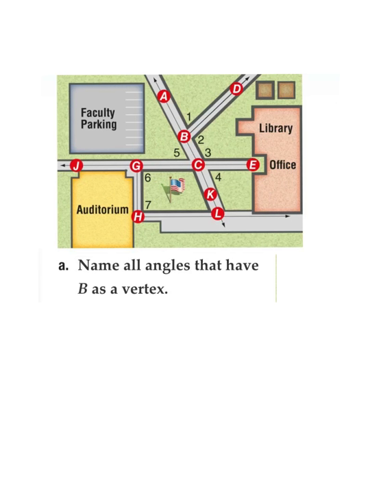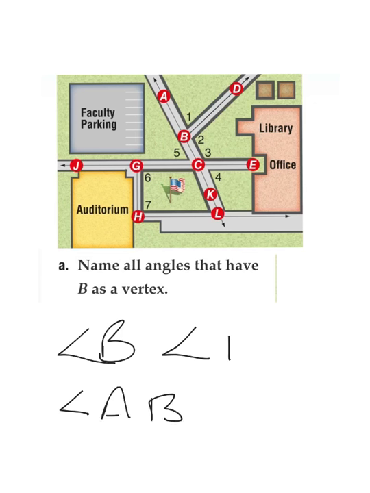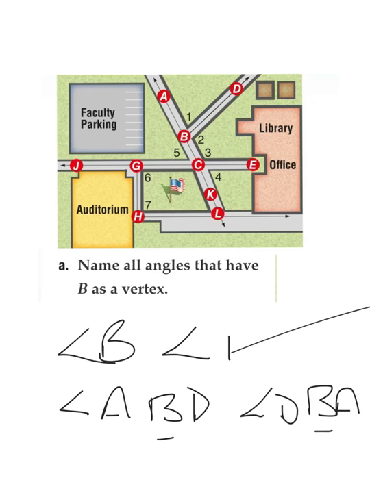We can call it angle B, angle 1, angle ABD, and reversing it, angle DBA. Remember, we can change the letters in order, but the middle letter must be the vertex.